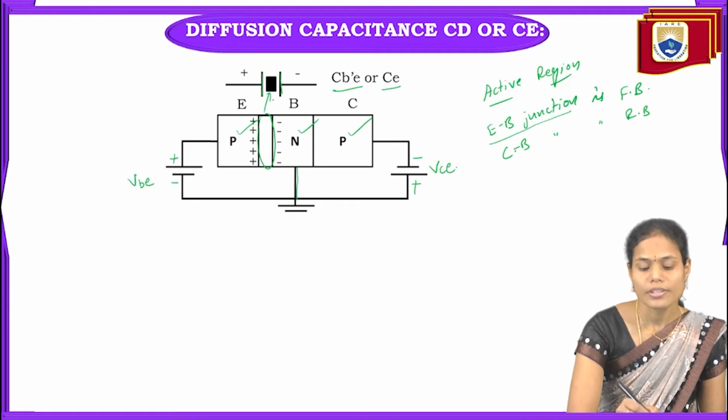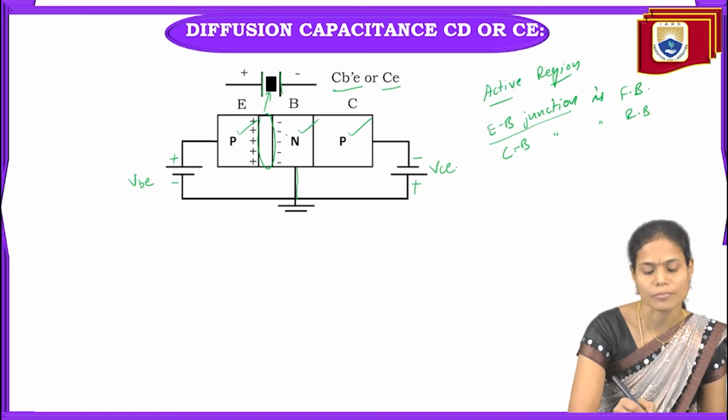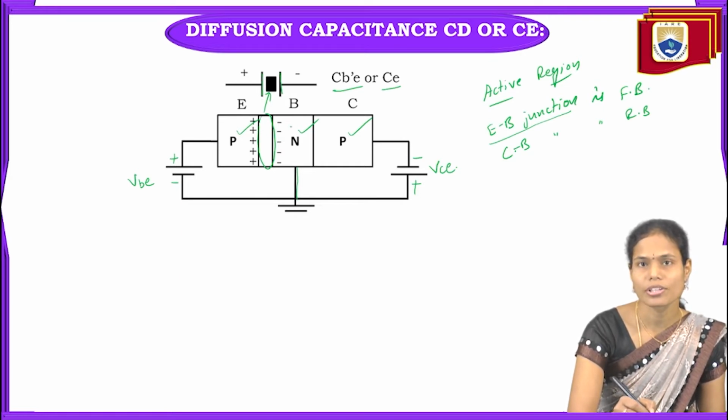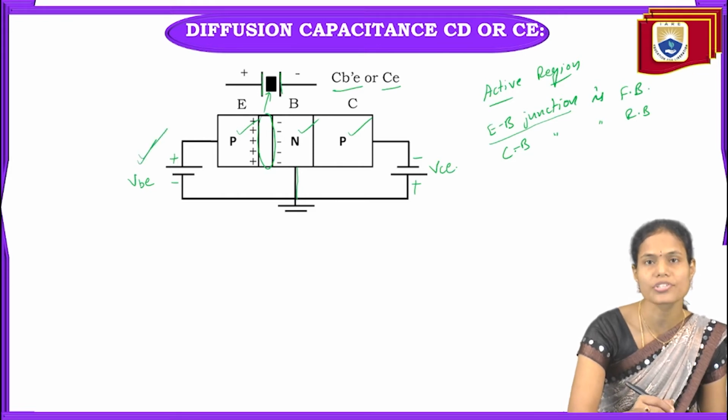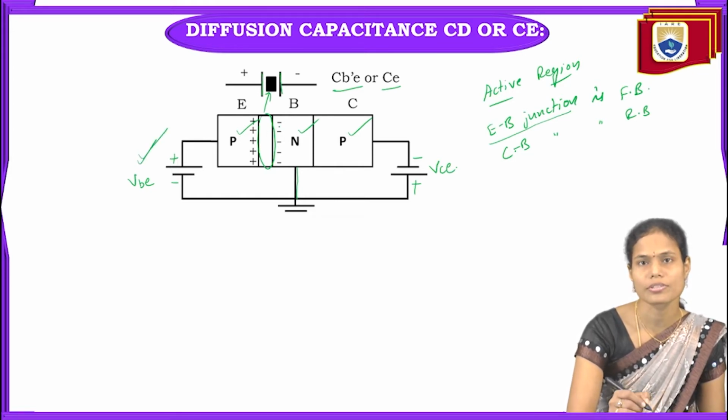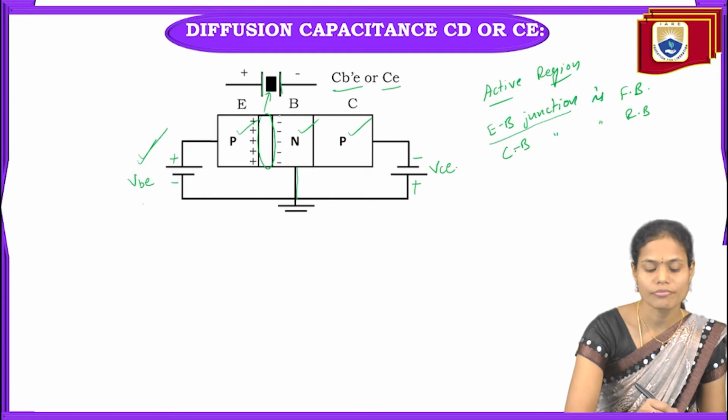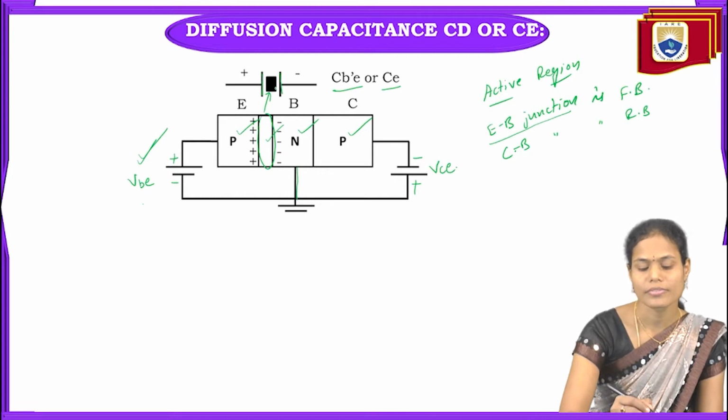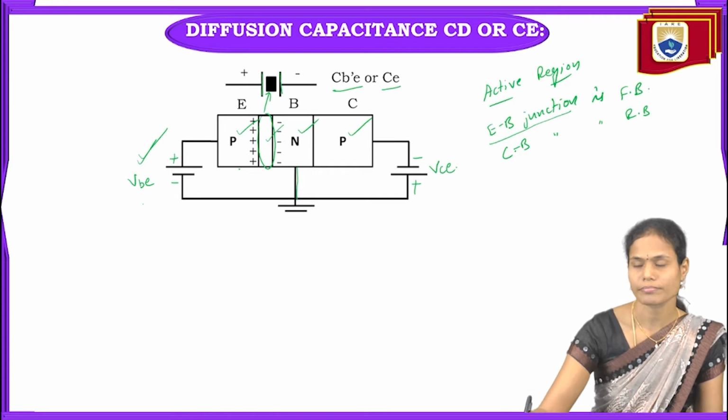This dielectric medium width depends upon the depletion region width of this emitter base junction, and that depletion region width depends upon how much voltage you are providing to this emitter base junction. If this voltage is less, the depletion region width is more, and if this voltage is very high, this depletion region width is very less. And accordingly, the capacitance value will also increase or decrease.